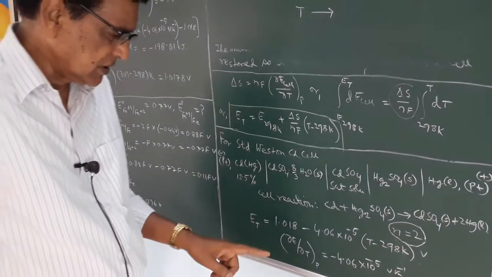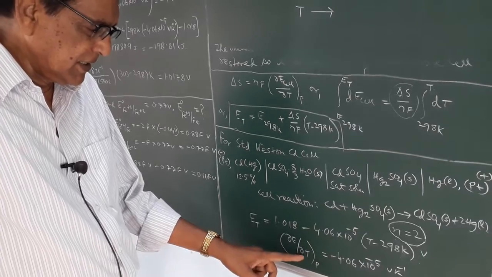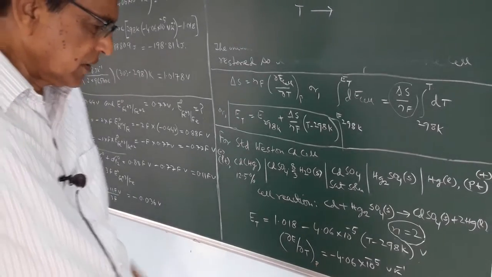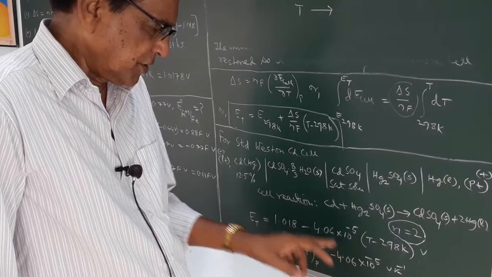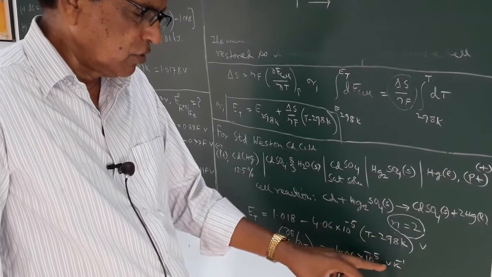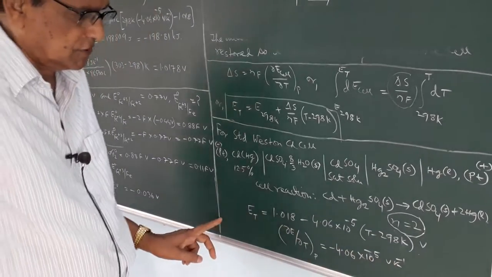And so naturally, d E by d T at constant pressure equals minus 4.06 into 10 to the power minus 5 volt Kelvin inverse.